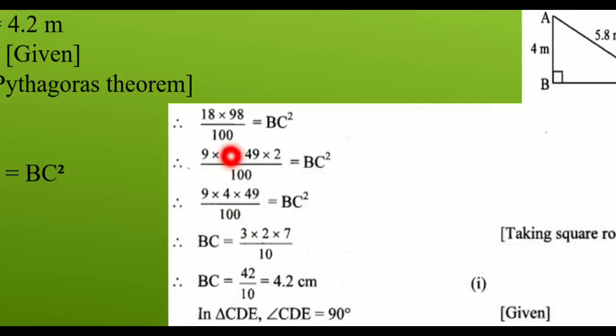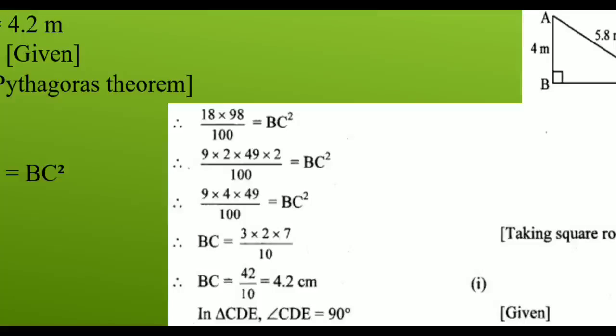Where do we get this 4? 2 multiply 2 is 4. Square root of 4 will become 2. 49 square root is 7 and 100 square root is 10. So 3 multiply 2 multiply 7 will get 42 upon 10. So to remove the 10 from there, I will keep a decimal in the numerator. So my answer is 4.2.